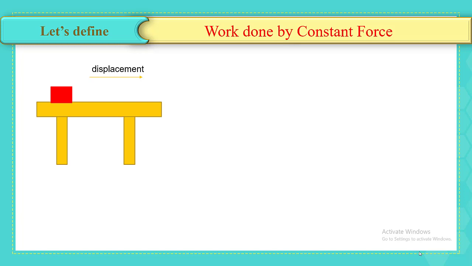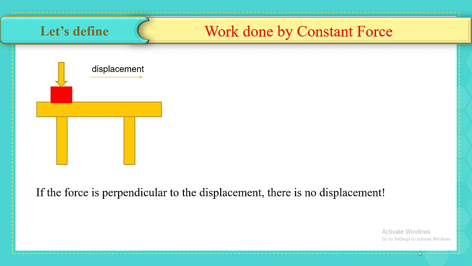We have a book on the left of a table and we want to displace it to the right. We have to apply a force. But if the force is perpendicular to the direction of displacement, we can see there is no displacement and therefore there is no work.